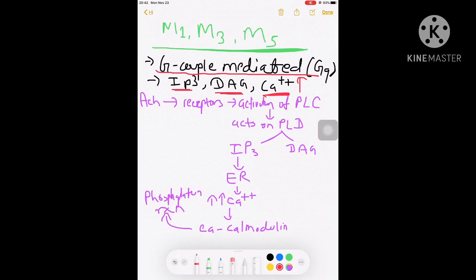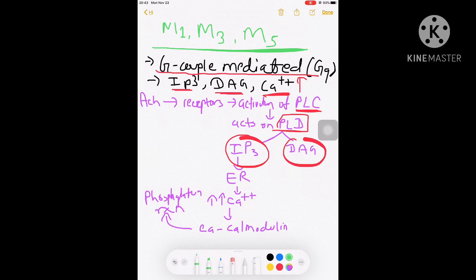When acetylcholine comes, it binds to these receptors, and the Gq proteins activate something called phospholipase C. This phospholipase C acts on phosphatidyl inositol bisphosphate, which is converted into inositol triphosphate and diacylglycerol.